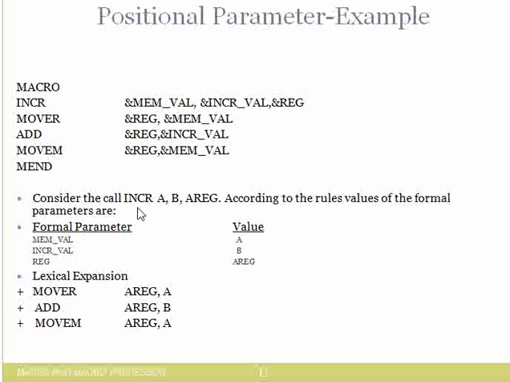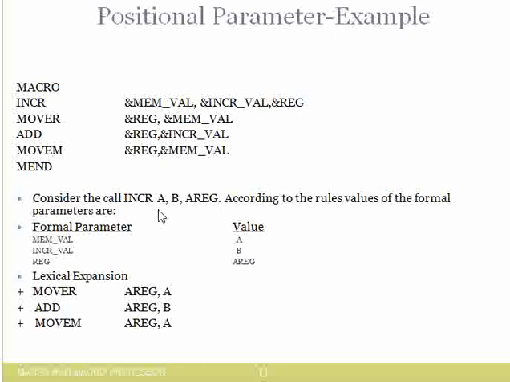So if you look at this macro call INCR, we see that A appears first, which would mean that the memval parameter will take the value of A, the INCR_val formal parameter will take the actual value B, and register will take the value of A register.